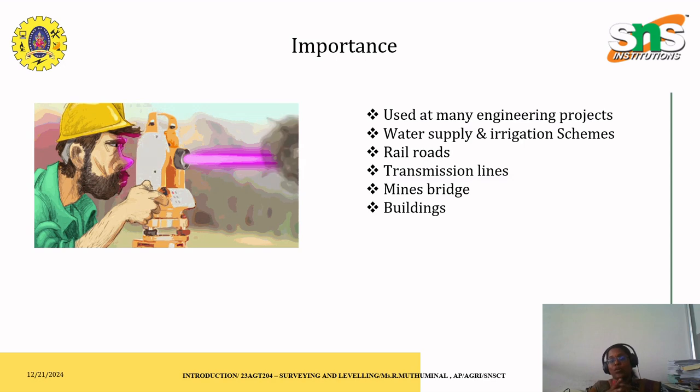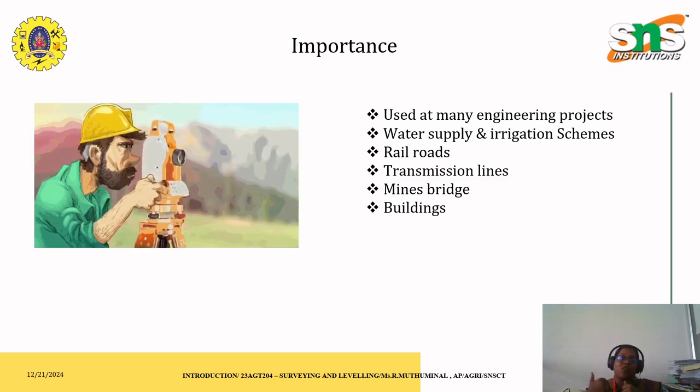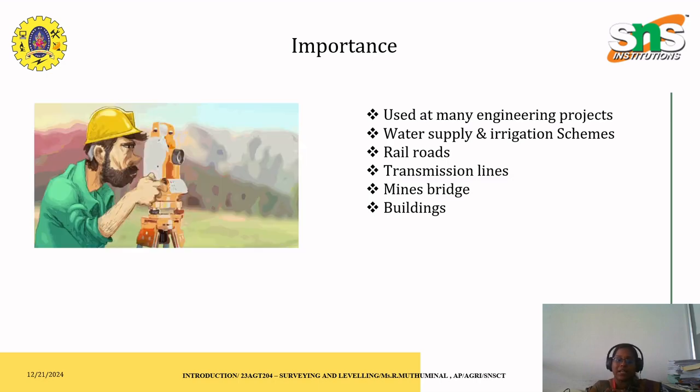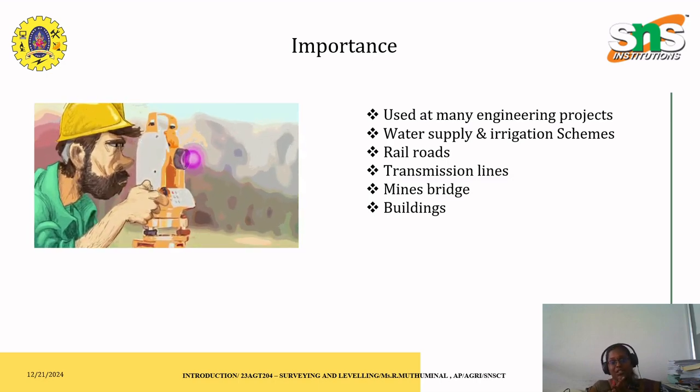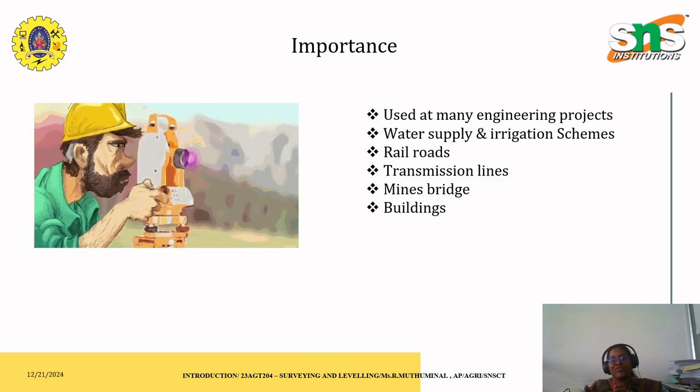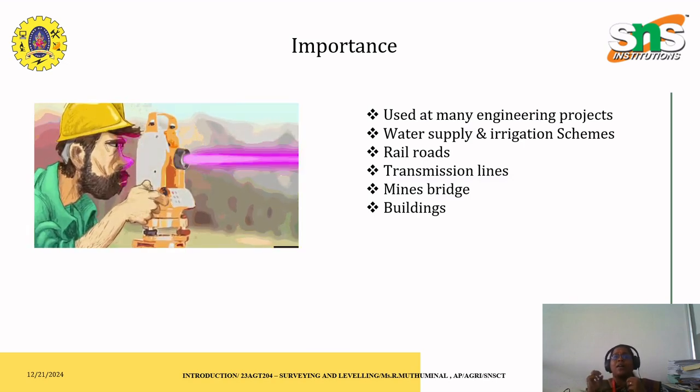It is a main core that helps us collect data in a raw manner, which we can implement in several projects like irrigation schemes, water supplies, railroads, transmission lines, mines, bridges, buildings, and many other engineering projects, because all these kinds of data could be incorporated and used for developing well aligned systems.